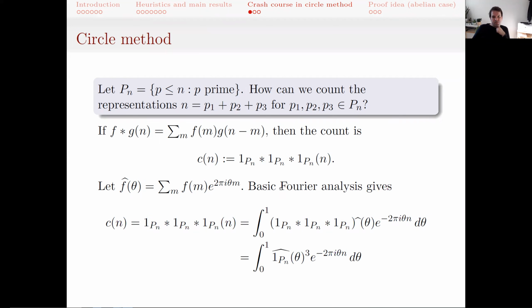And then some basic results from Fourier analysis give you that this count you care about is equal to this integral. This equality is just a consequence of the Fourier inversion formula. And then you can also use this very nice fact that the Fourier transform of a convolution is equal to the product of Fourier transforms. So this is equal to this integral.